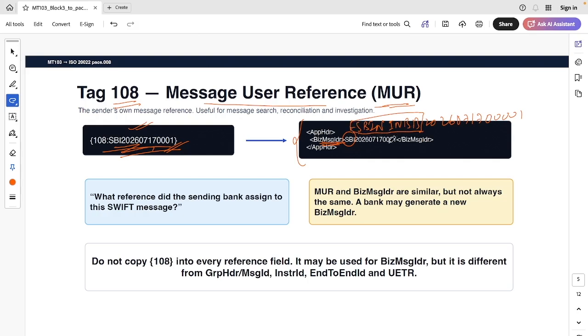So when we use a BIC code, this gives more clarity at the message level. Both approaches may be possible depending upon the implementation. So field 108 may be used as a source for the business message identifier, subject to the bank's identifier generation and validation rules. It must not automatically be duplicated across all the pacs.008 reference fields.